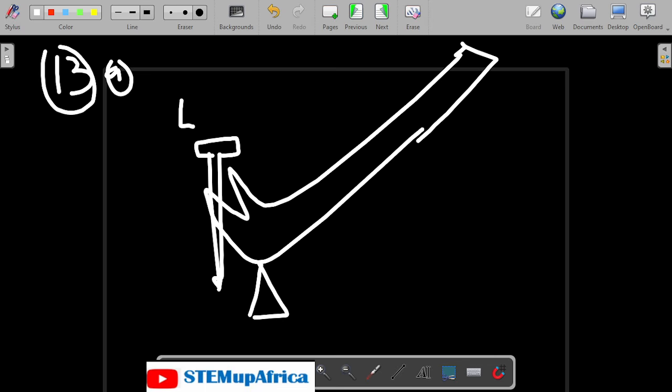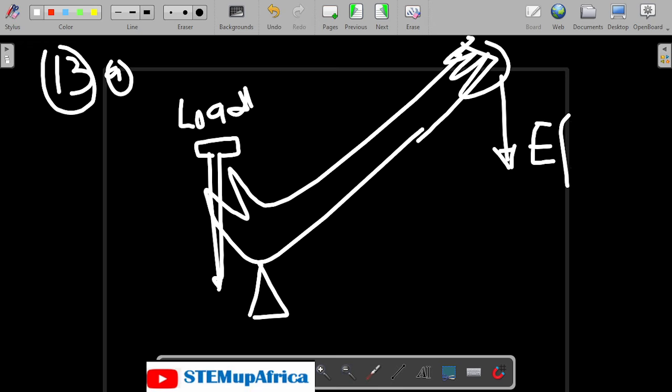Here is the load. Your hand will be somewhere here. You're going to press it down with a force, and that force is called the effort.